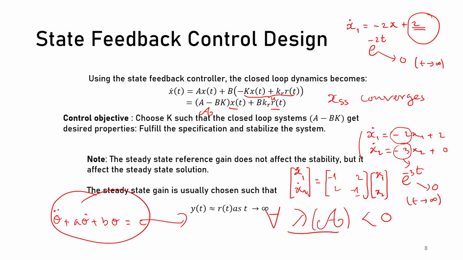And for the state space representation, all real parts of the eigenvalues must be negative. And these eigenvalues are just the same as the poles. Okay?